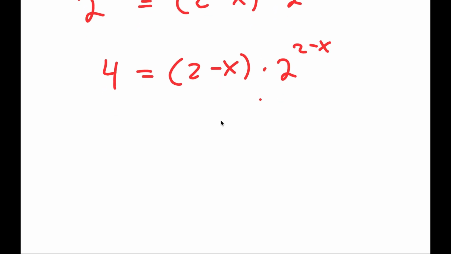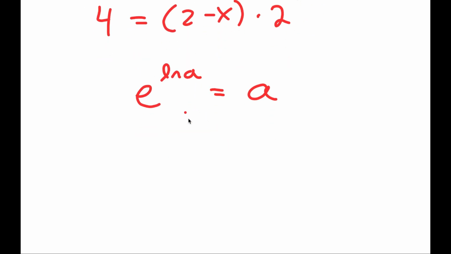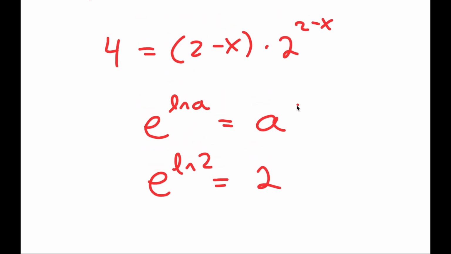Now, from here, if I have something in the form e to the power of ln of a, this is simply equal to a, because the e and the ln cancel out. So this means that e to the power of ln of 2 is going to equal 2. So I'm going to substitute in e to the power of ln of 2 for 2 here.